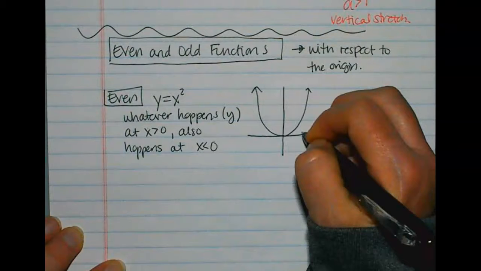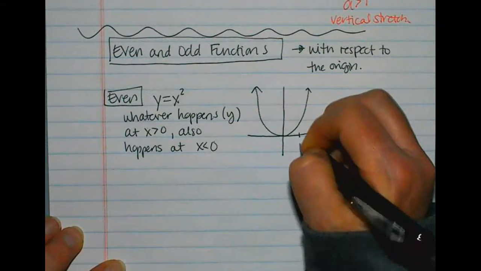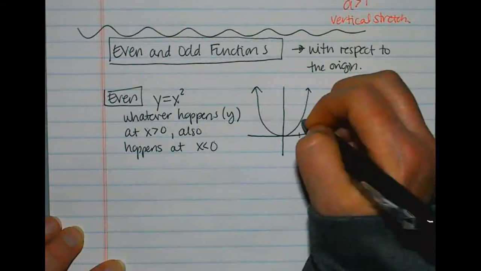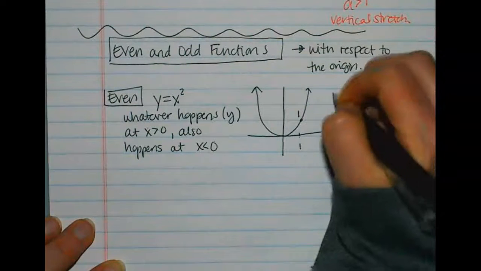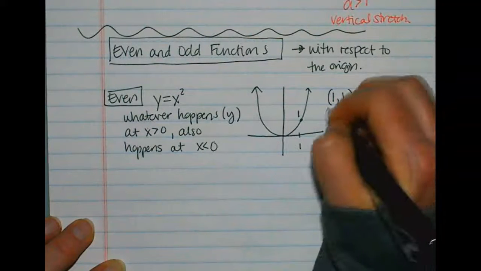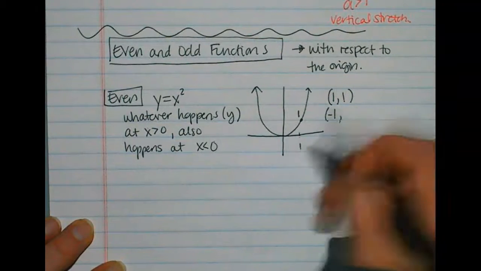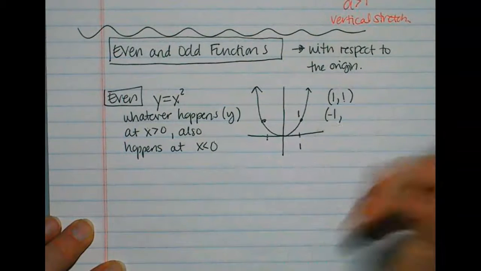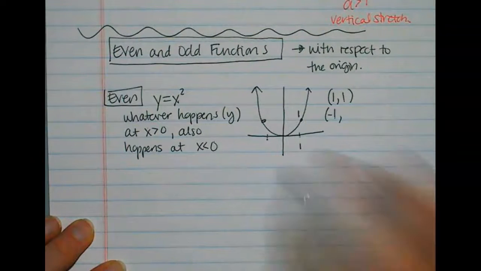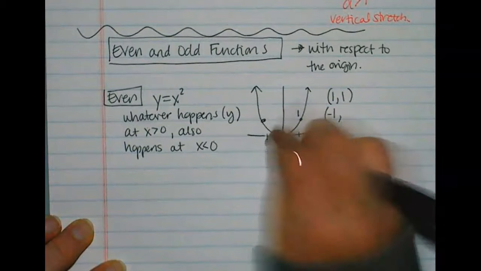If I go to any x value, like let's say 1. If I go to 1, my y value is also 1 for this one. So I have the point (1, 1). If I go to negative 1, my y value here is negative 1 squared, which is also 1. Pretend that my graph is perfect. I'll put it here.